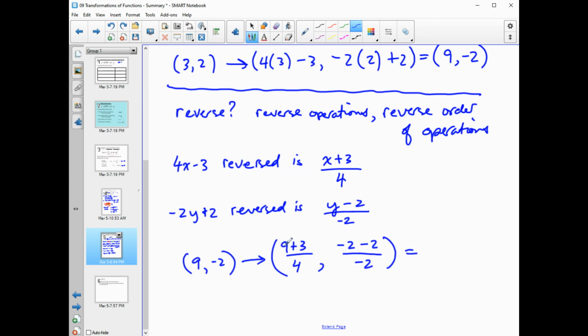And what does that equal? 9 plus 3 is 12, divided by 4 is 3. -2 minus 2 is -4, divided by -2 is positive 2. And of course, that is the starting point. So (3, 2) turned into (9, -2). And if we reverse all of those operations, we take (9, -2) and turn it right back into (3, 2). But the key there is reversing the order of operations as well as the actual arithmetic.